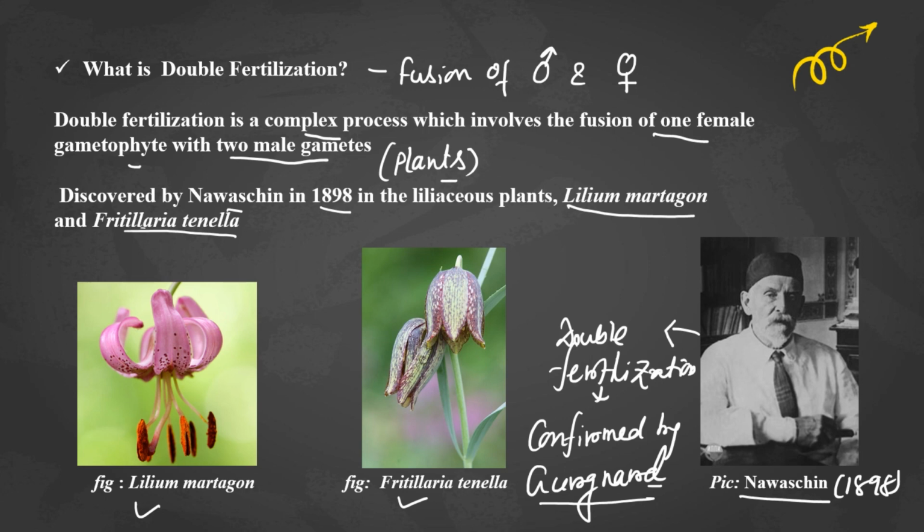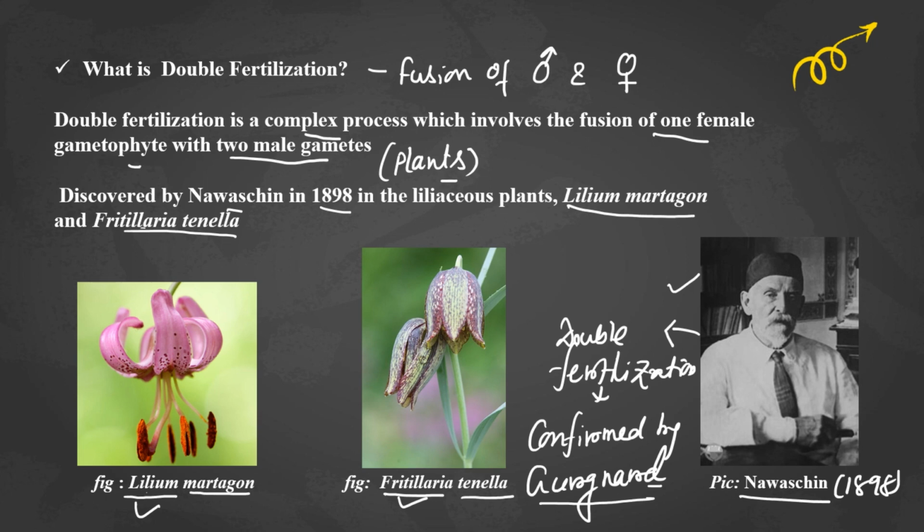Those plants belong to the Liliaceae family. The first plant was Lilium martagon and the second was Fritillaria tenella. From these plants, Navaschin first discovered the events of double fertilization, and later they were confirmed by Guignard.